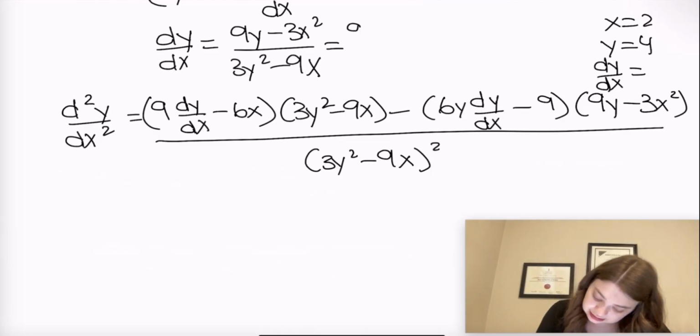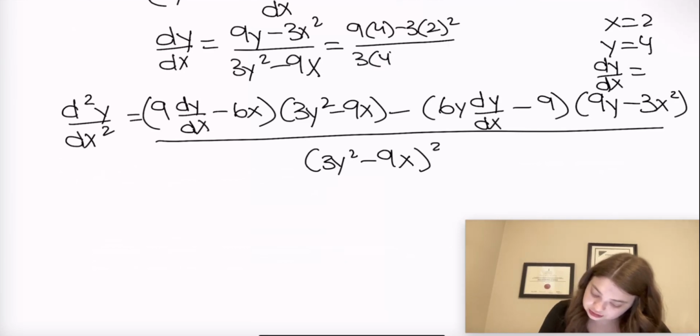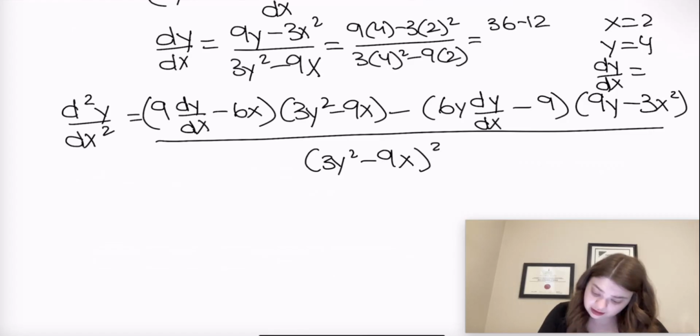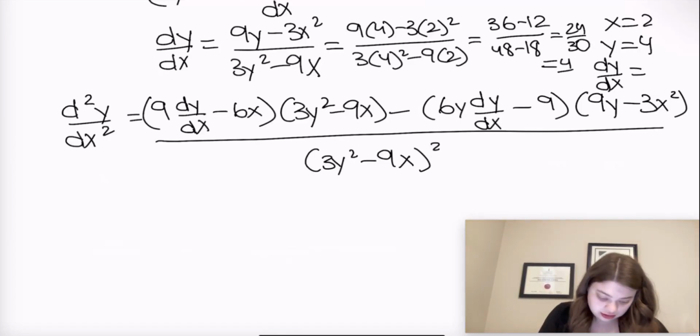So that's going to be 9 times 4 minus 3 times 2 squared over 3 times 4 squared minus 9 times 2, which let's see what that's going to be equal to. Looks like that's going to be 36 minus 12 over 48 minus 18, which is 24 over 30, which is, I believe, just 4 over 5. Yeah, by dividing both by 6. Excellent. So this would just be 4 over 5 then.